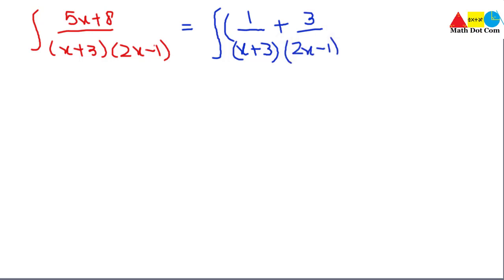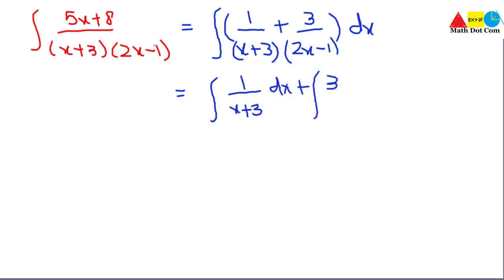Now we have a simplified expression, and you can easily find the integration of it. So let's find it one by one. The integration of 1 divided by x plus 3 dx, plus 3 times the integration of 1 divided by 2x minus 1 dx.